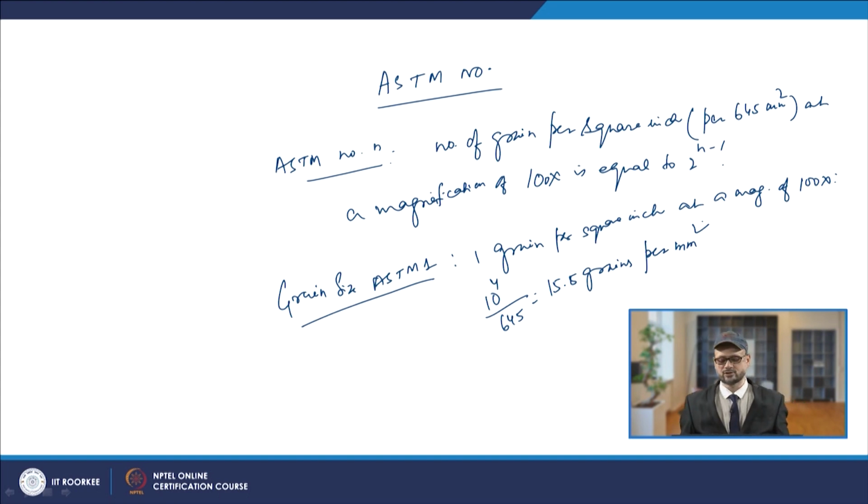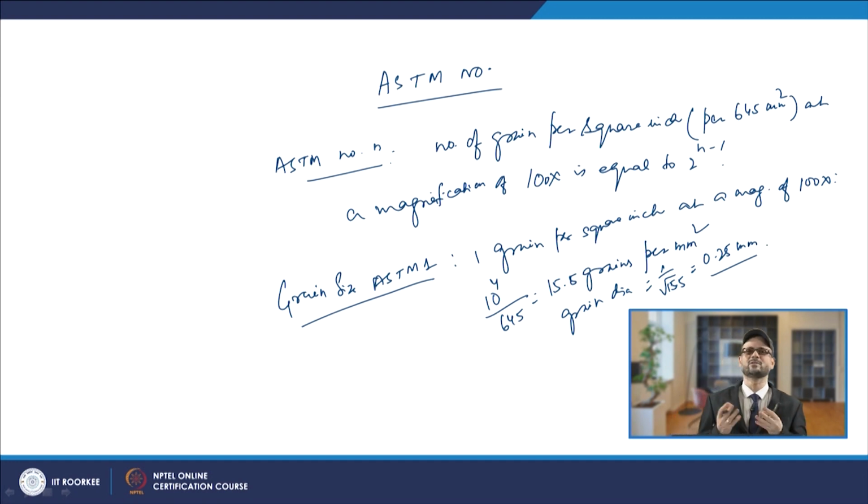So, this will be ASTM 1, and if you talk about the grain diameter, it will be 1 by under root 15.5. So, it will be something close to 0.25 millimeter. So, it will be 250 micrometer. That will be the size of ASTM 1.